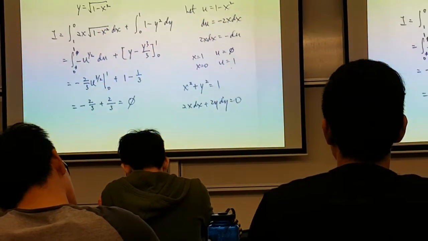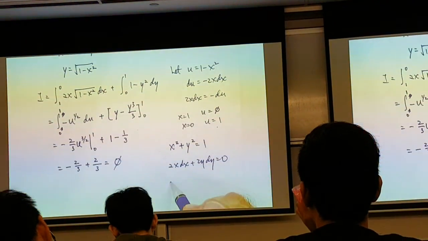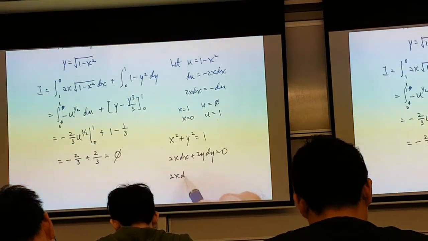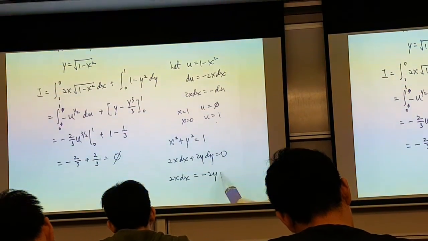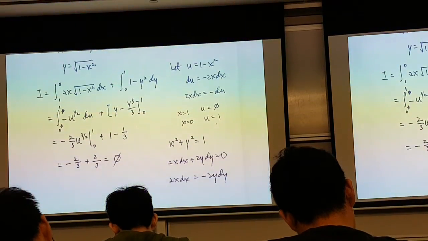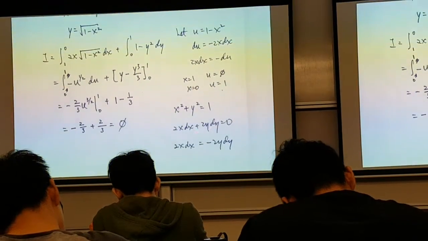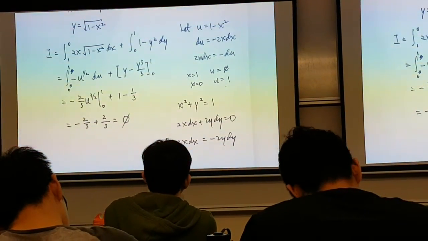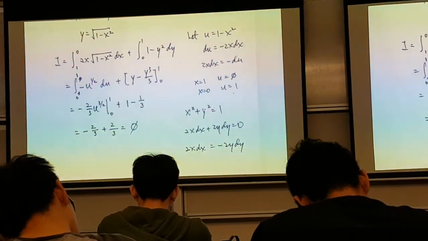Okay with that? So as a result, what is your 2x dx? 2x dx is going to be equal to minus 2y dy, based on what we have worked out from the original. So you always fall back onto what is given to you as far as the contour is concerned.